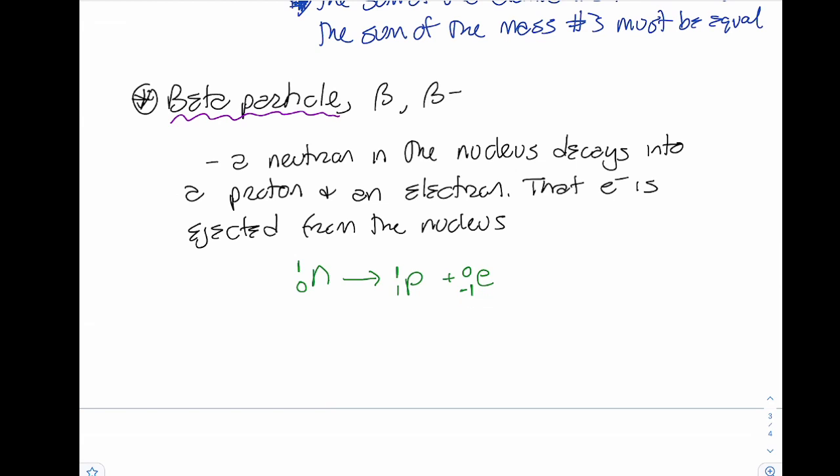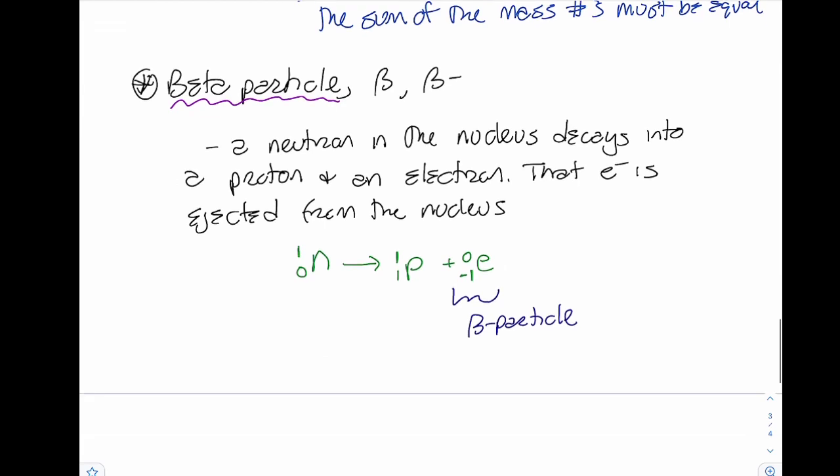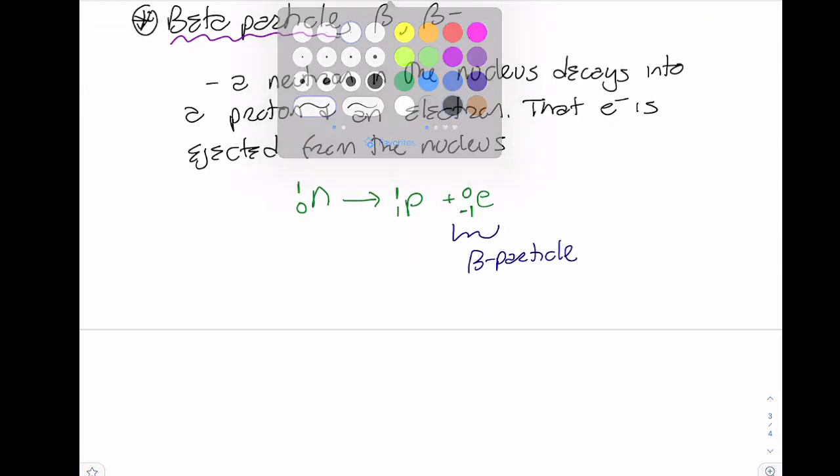So this happens, right? This neutron is decaying into a proton plus an electron. This electron then has no business being in the nucleus, so it's kicked out, it's ejected from it. So this here is my beta particle. It has a -1 charge.